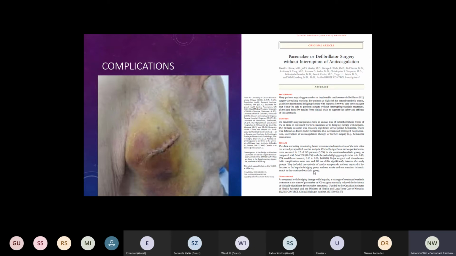There are different arguments for why this might be better. One is that heparin seems to be worse for causing hematomas around devices. It's quite a negatively charged molecule, and it may be that it attaches itself to devices, and it means that the concentration around the device is higher than it is everywhere else.